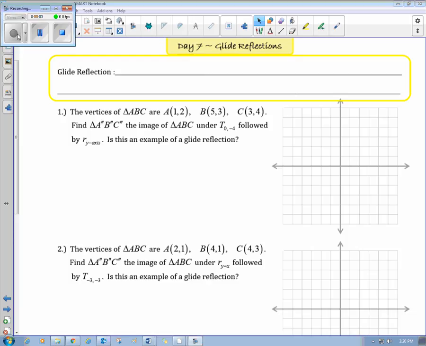For today, we are talking about glide reflections, and they are a special kind of composition. So it's a combination of two things that have to occur in a certain way.